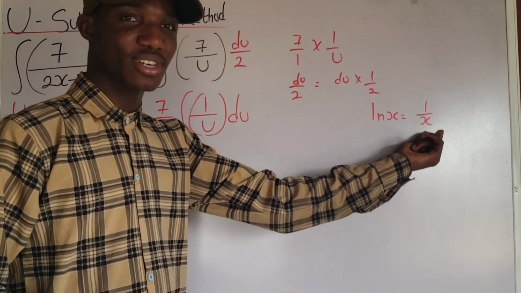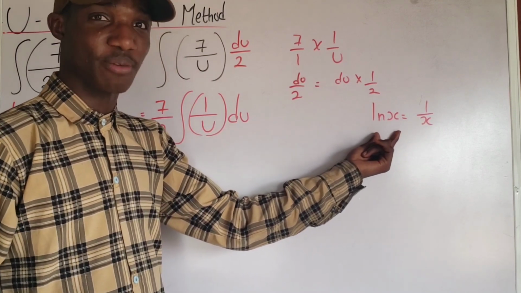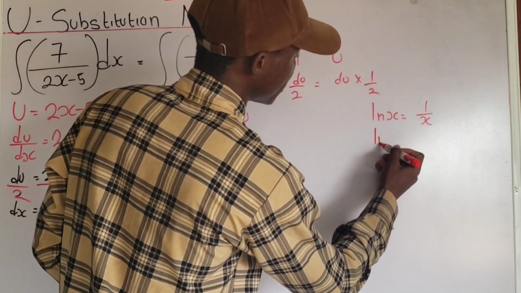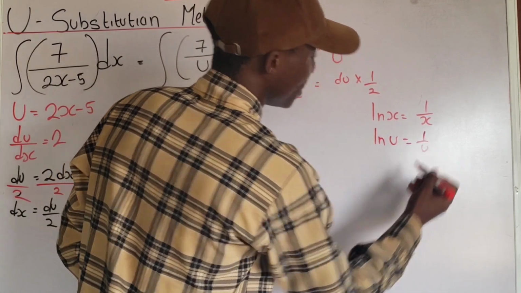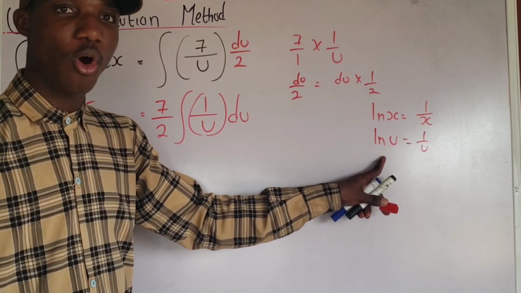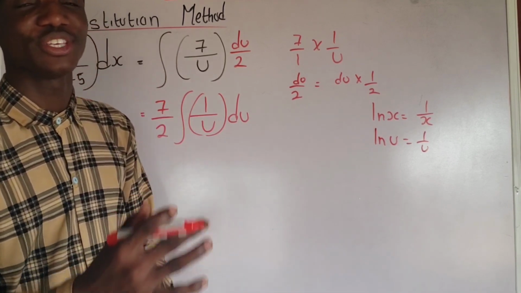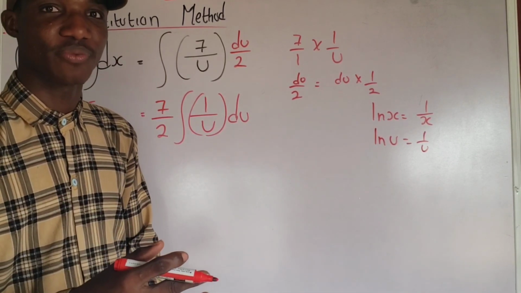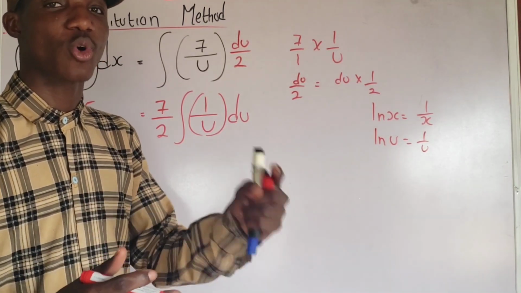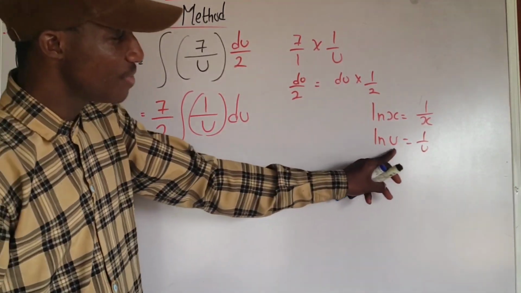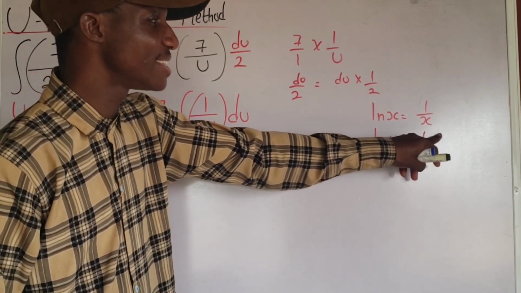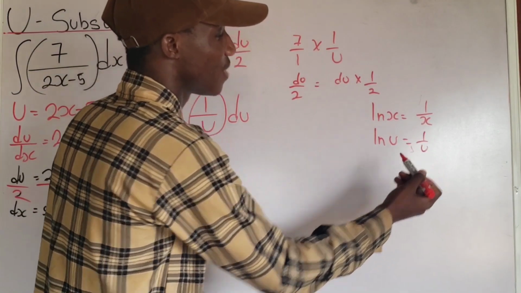That means if you integrate 1 over x, you must have ln x. So if I differentiate ln u, I'm going to have 1 over u. Hence, if I integrate 1 over u, I'm going to have ln u, because integration is the opposite of differentiation. The process of finding a function that has been differentiated is called integration. So if the derivative of ln u is 1 over u, hence the integration of 1 over u will give me ln u.